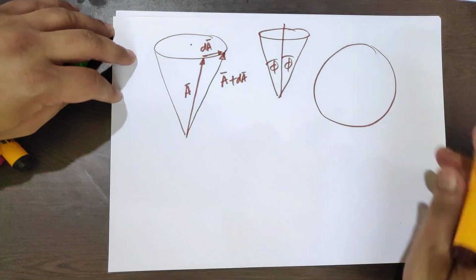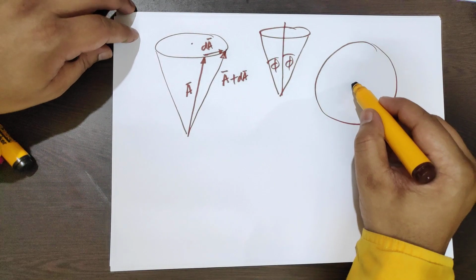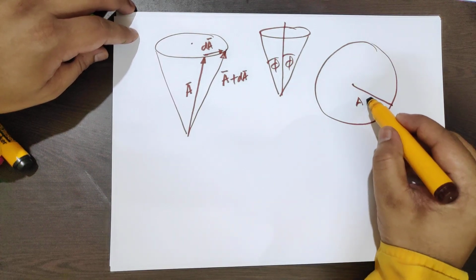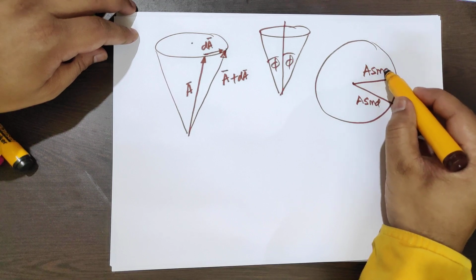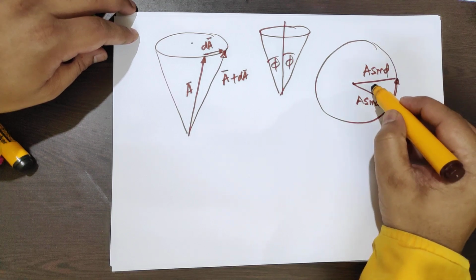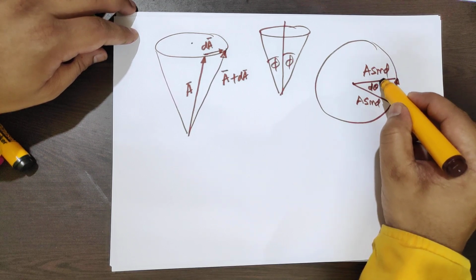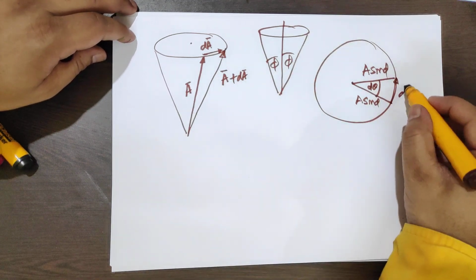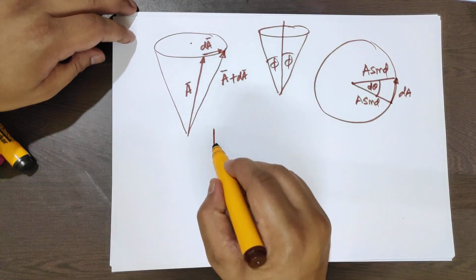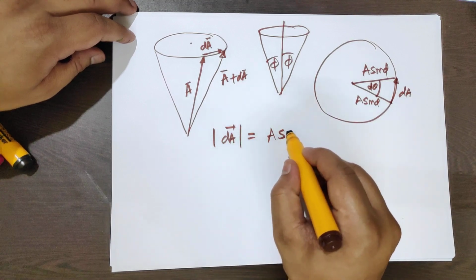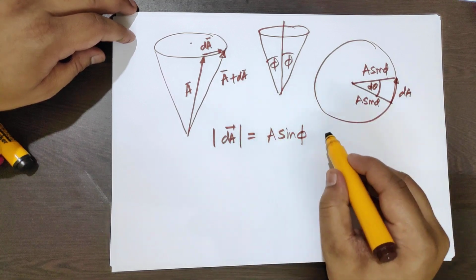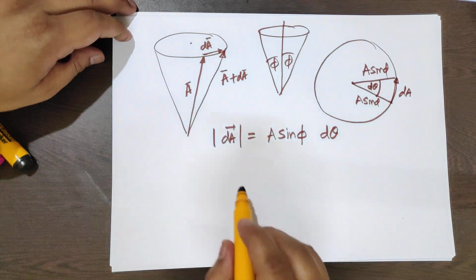While I am looking at the top view, this is A sine phi, that is also A sine phi. This should be very small, and this is angle d theta. So that's dA. What is the magnitude of vector dA? Magnitude of vector dA is A sine phi multiplied by d theta.